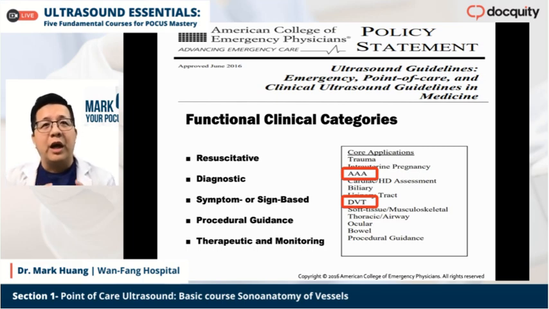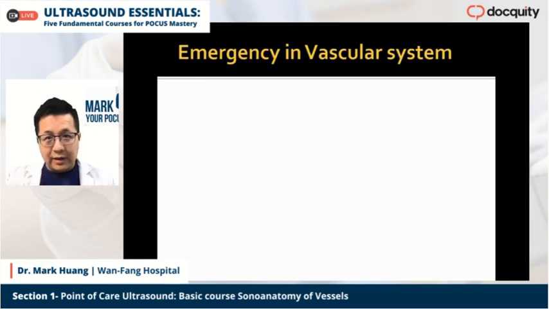So we need to learn how to screen the big veins, for example the IVC, inferior vena cava, the femoral vein, femoral artery, and the popliteal vein and popliteal artery. Okay, so let's move on.